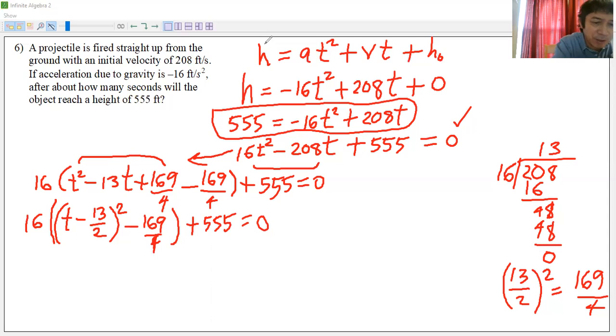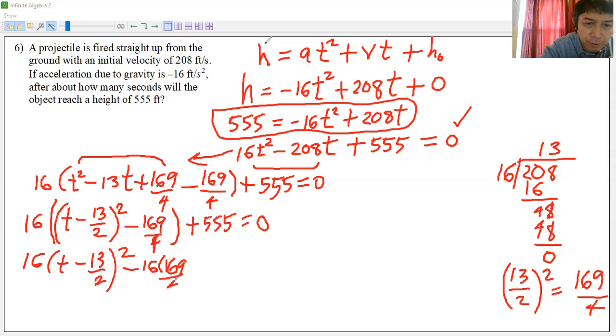So we will have here 16 times t minus 13 over 2 squared minus 16 times 169 over 4. So we have 16 times 169 over 4, like that. And then plus 555 equals 0.